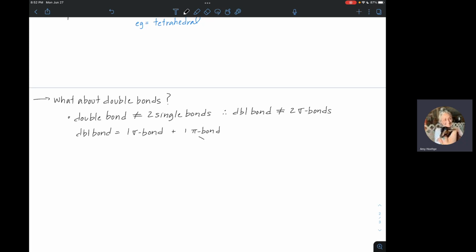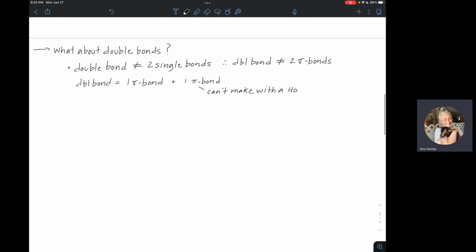And you can't make this with a hybrid orbital. You can, however, make it with an unhybridized p orbital. So you have to leave one of those p orbitals out of the mix when you're doing the hybridization.